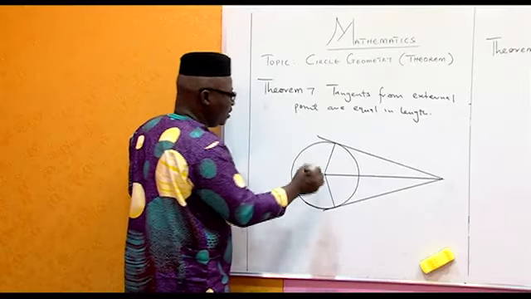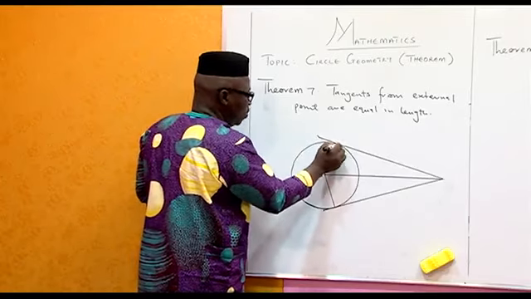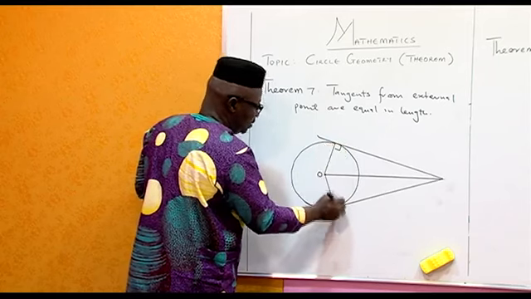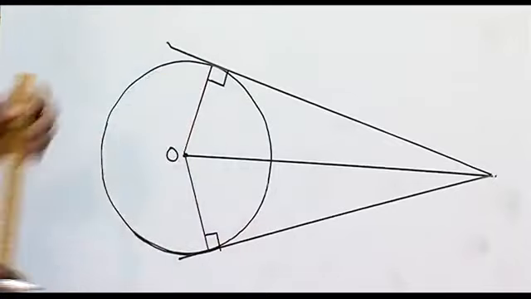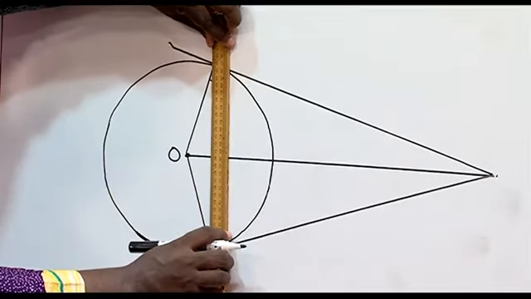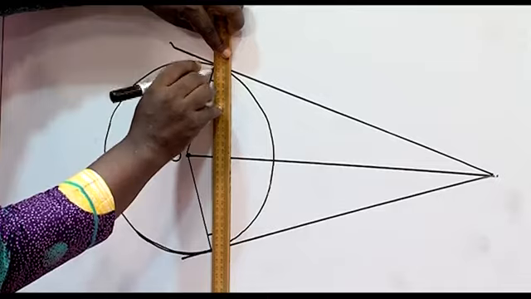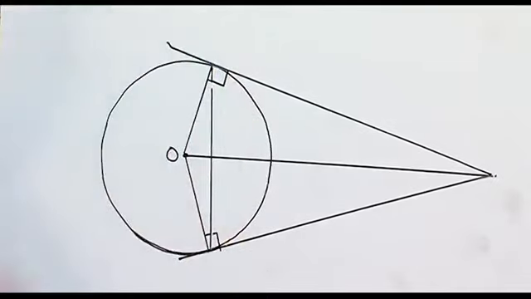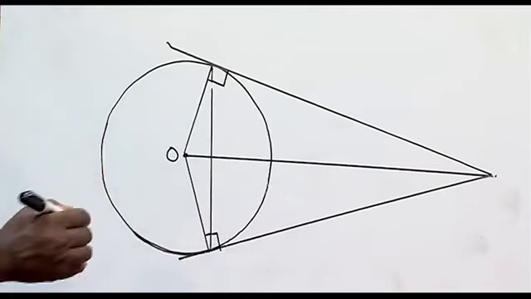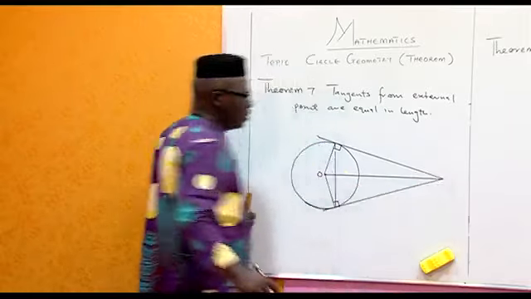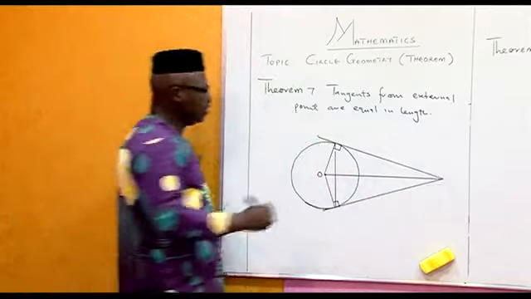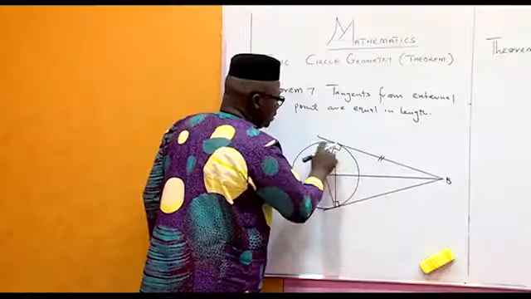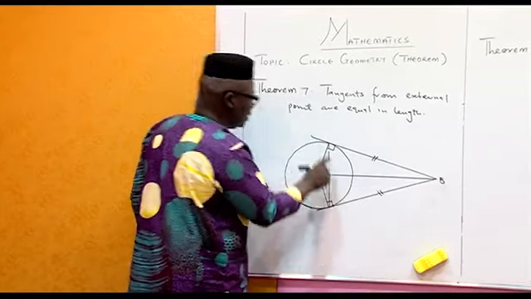We have said initially that at the point of contact to the radius, the angle will be 90. So this angle here will be 90. If I join this to this, what this theorem is telling us is that this length is going to be the same as this length.